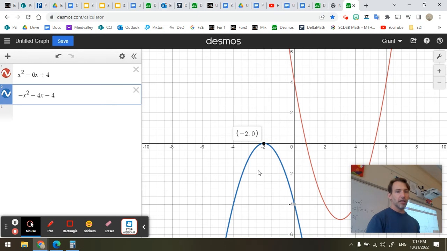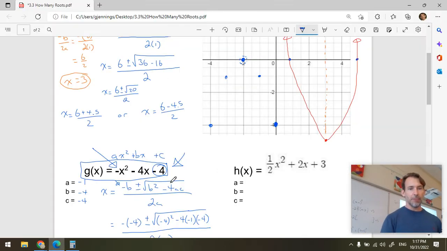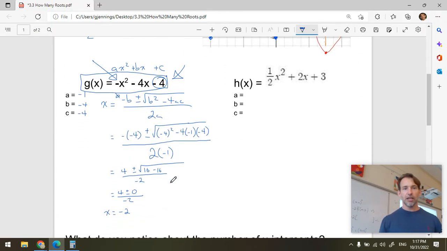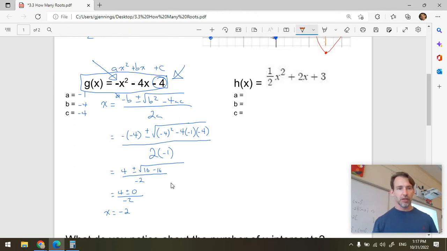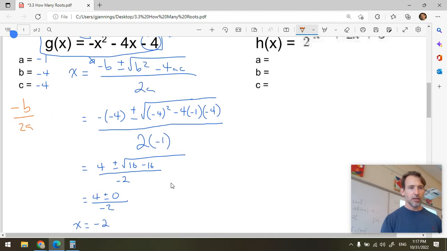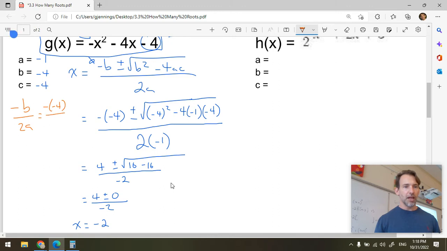because it's plus or minus 0 from that. If we take a look at the negative b over 2a, if we had used negative b over 2a, this is what we would have found. So negative b over 2a, so substitute in. B is negative 4, so this is equal to negative 4 over 2 times a, so this is 2 times negative 1.